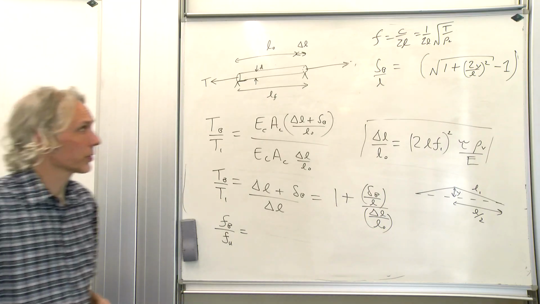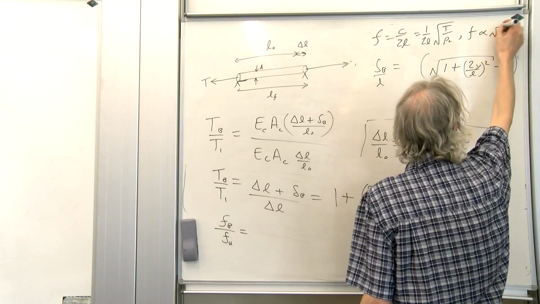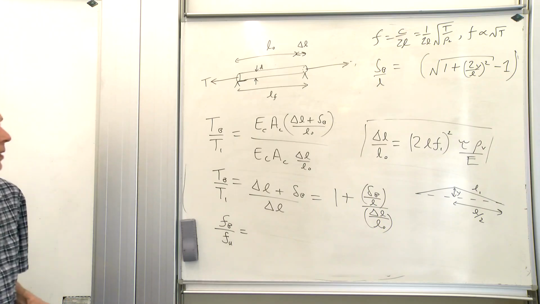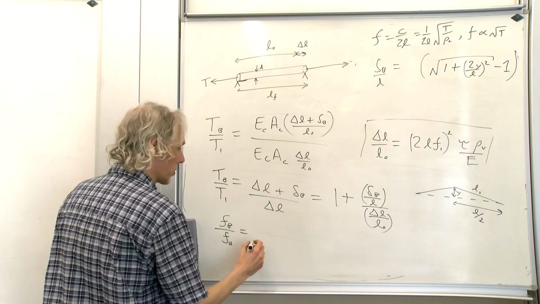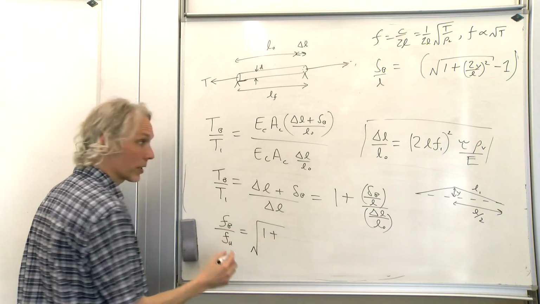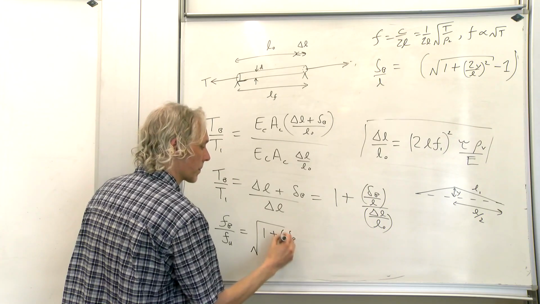Okay, and so therefore, when we're bending the string, F is proportional to the square root of tension. So actually the bent frequency over the unbent frequency is that.